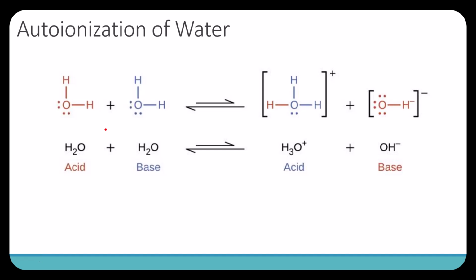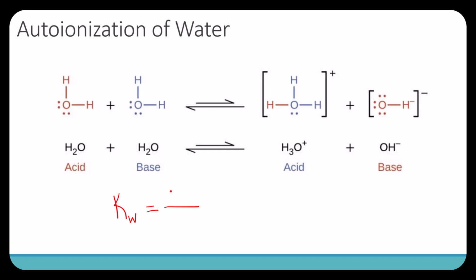So, we can write a K equation for this process. Okay, so we've seen Ka for acid. We've seen Kb for base. The K value for this autoionization of water is going to be Kw. Okay, W for water. So it's going to be products over reactants.